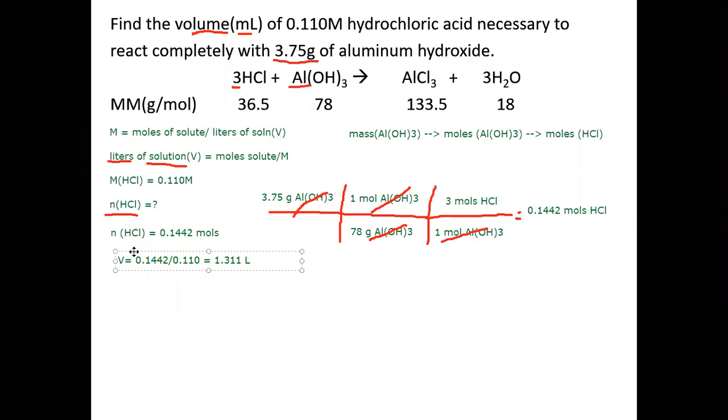We want the answer in milliliters, so we have to convert liters to milliliters, and we get 1,311 milliliters of this solution is needed. So you'd have to measure out 1,311 milliliters of a 0.11 molar solution of hydrochloric acid added to aluminum hydroxide, and you would completely use up these 3.75 grams of aluminum hydroxide.